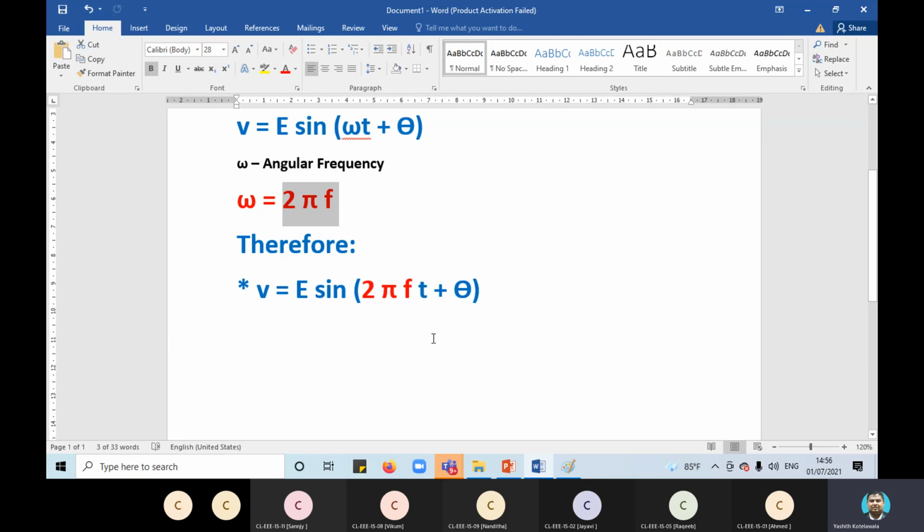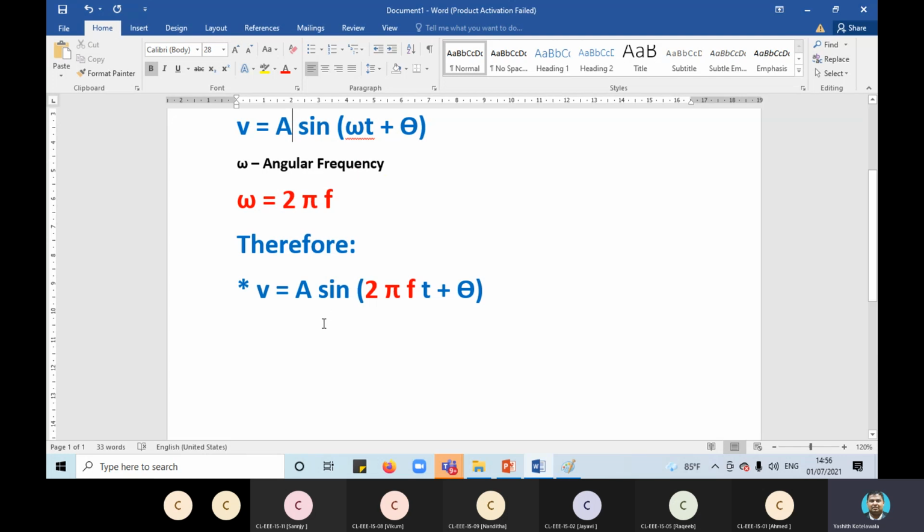Then when it comes to this equation, simple v, we call it the instantaneous voltage. Instantaneous voltage, I'll explain it later. Capital A, because in that Fourier series we had A, represents the peak amplitude of whatever the sinusoidal signal, the peak amplitude value.